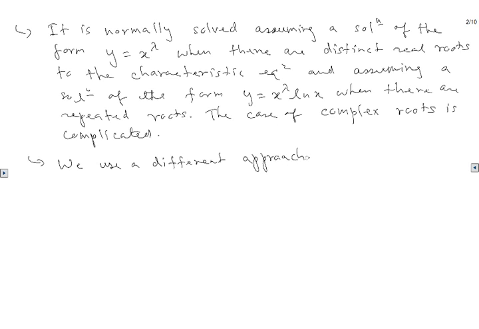What we are trying to do is transform this differential equation into another one with constant coefficients. Since we know the solution of constant coefficient equations, we can use that to solve this differential equation. We can transform it to a constant coefficient differential equation using a substitution: x equals e to the t.